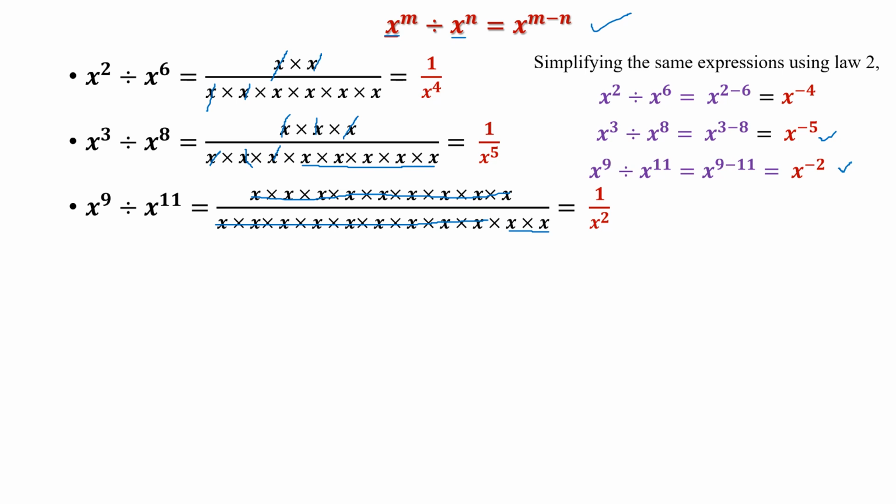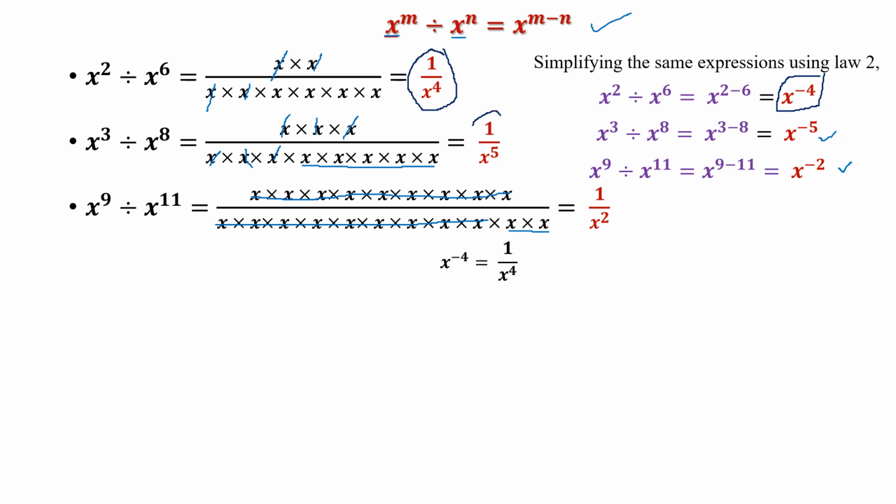We are saying 1 over x to the power 4 is a correct answer, then x to the power minus 4 is a correct answer as well. So mathematically, these answers are equal, meaning 1 over x to the 4 is exactly the same as x to the power minus 4.